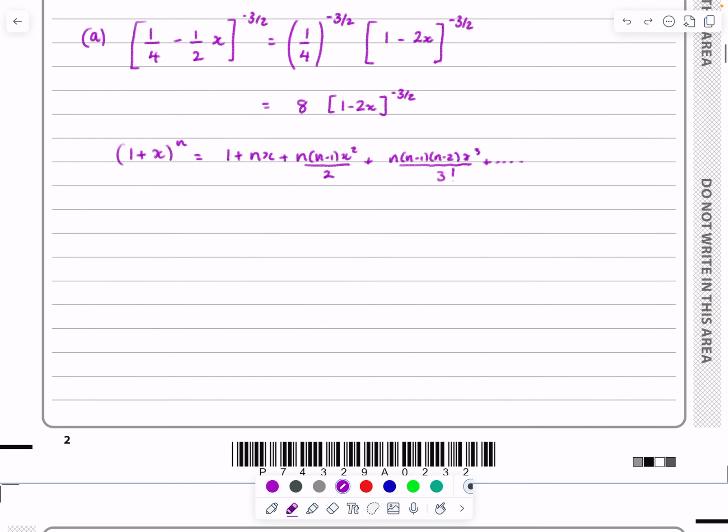So if I'm now going to apply that, I'm going to get that 1 minus 2x to the minus 3 over 2 is 1 plus nx, which is going to be minus 3 over 2 times minus 2x. n minus 1, well, you should get used to these.